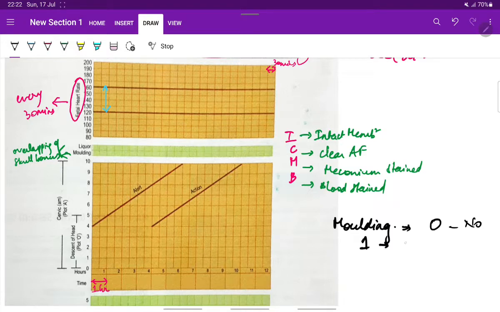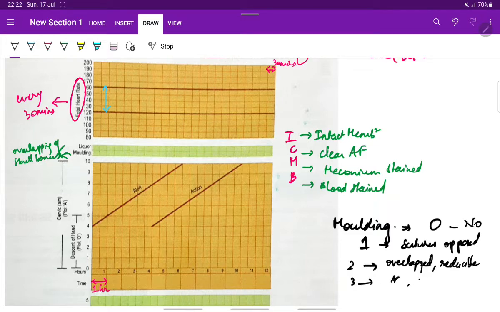Molding 1 suggests the sutures are opposed. Second degree molding is when the sutures are overlapped but they are reducible. Third degree is the sutures are overlapped and they are not reducible. These are the various degrees of molding.